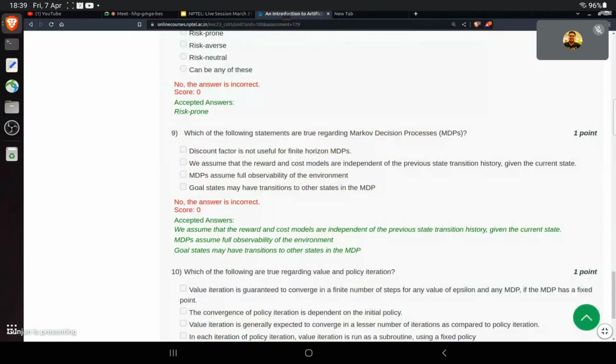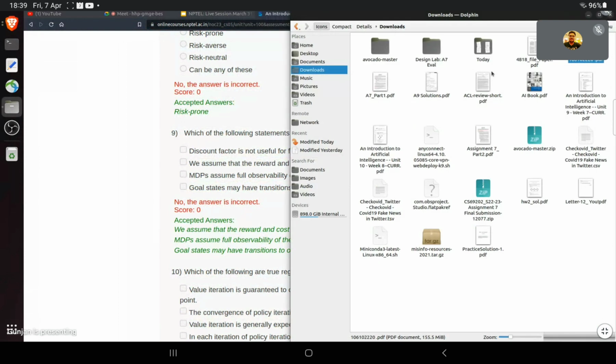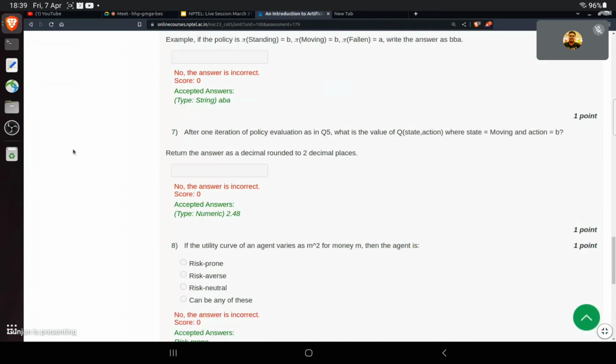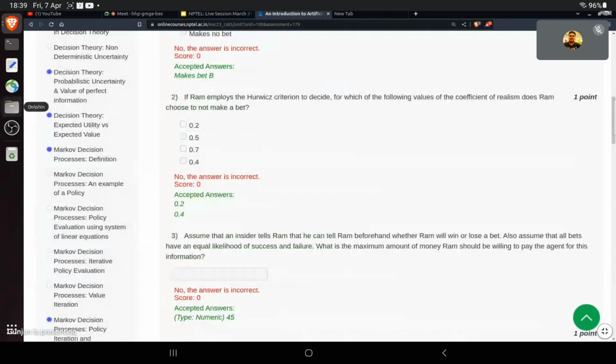But it's not a gray area. The only two reasons we are given for discounting are, A, economics, and B, in infinity the rewards add up to infinity and it breaks down. In finite MDPs that does not happen because the reward is always finite. So it is not useful.